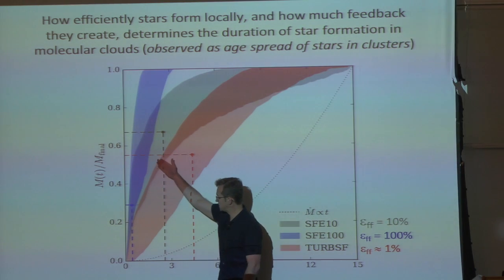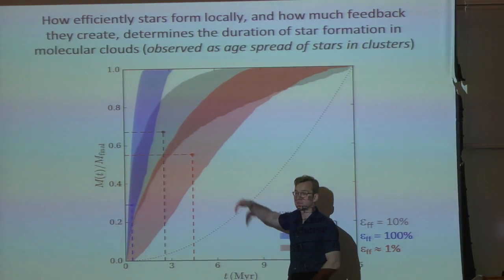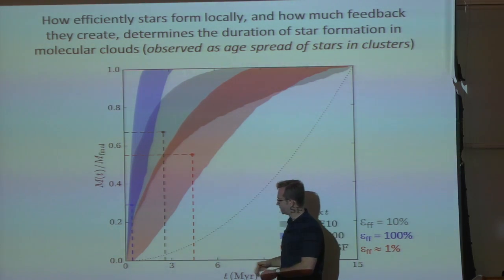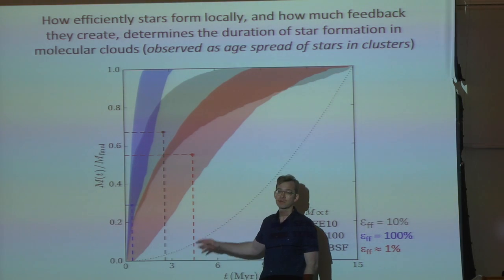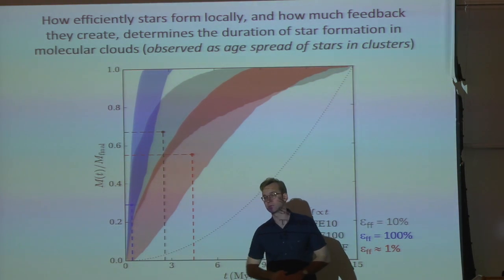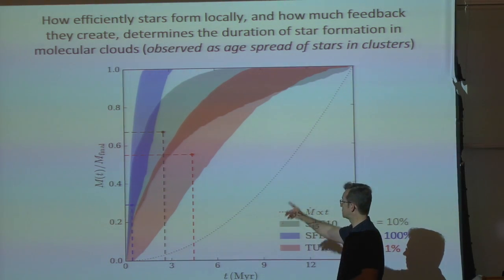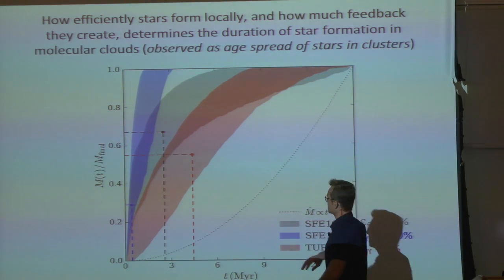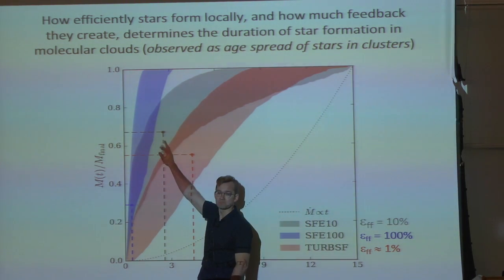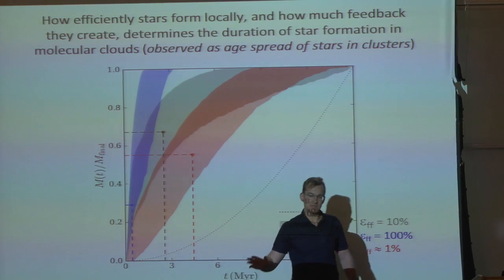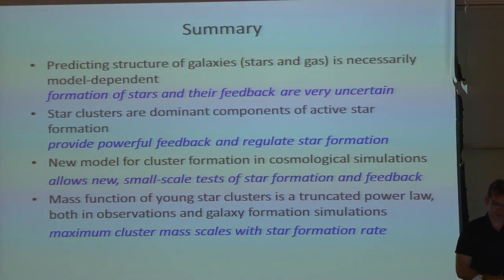And you can see systematically the ages of clusters, how long it takes to form them, increases. It increases between 1 and 3 and maybe 5 million years. So again, we can use the observed distribution of ages of stars in the cluster to try to constrain these models and say, OK, well, maybe this one is not right. Maybe this one is too fast, but this one is just right. So sort of finding this Goldilocks is what we can do now with this method.